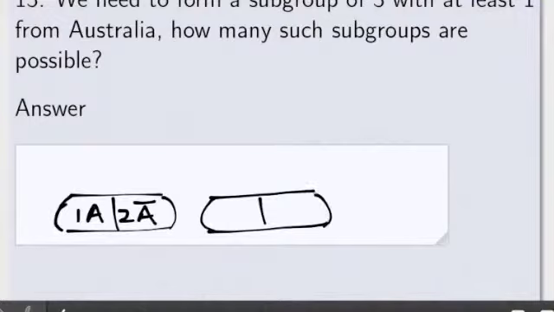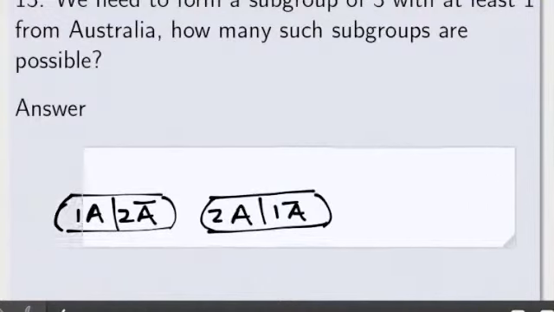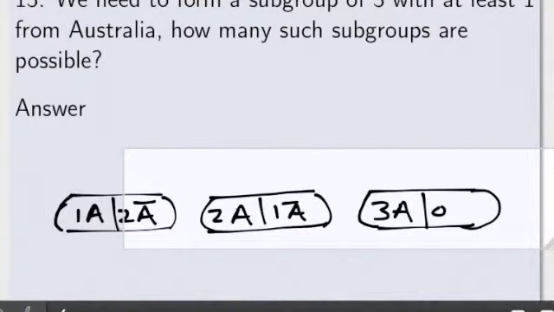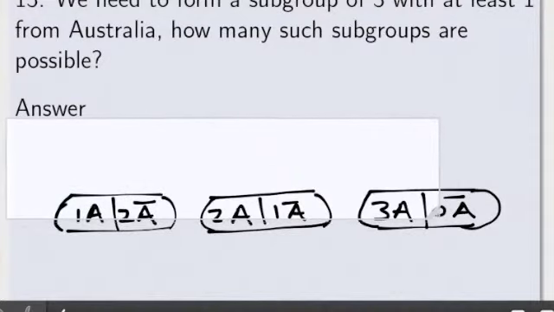which has two Australians and one non-Australian. We could also have another subgroup where we have three Australians and zero non-Australians. So we ought to have the same categorization for our main pool.